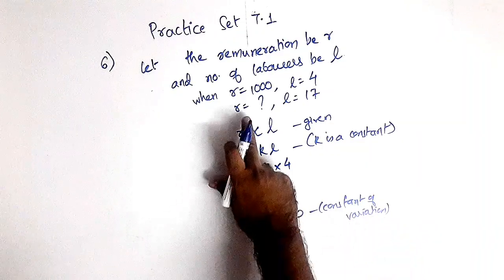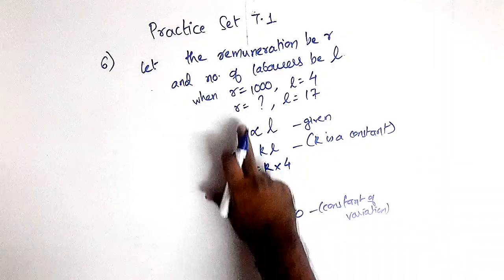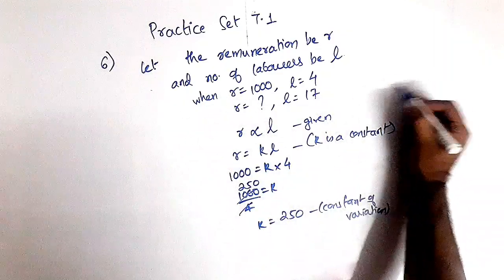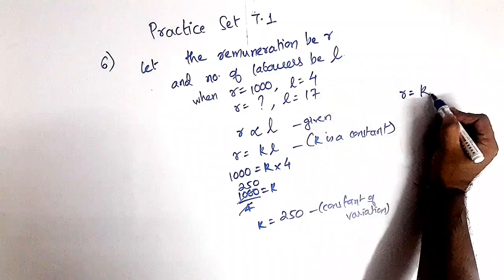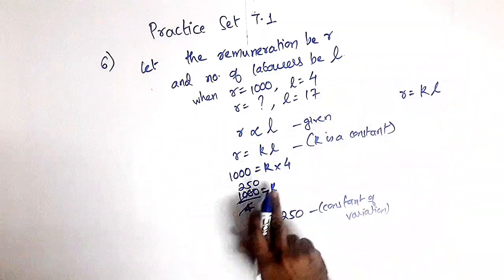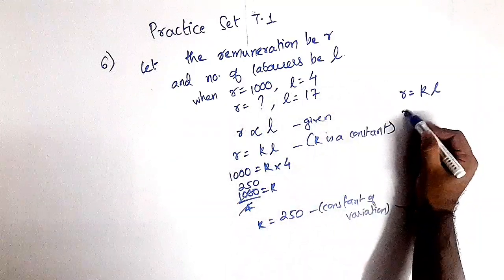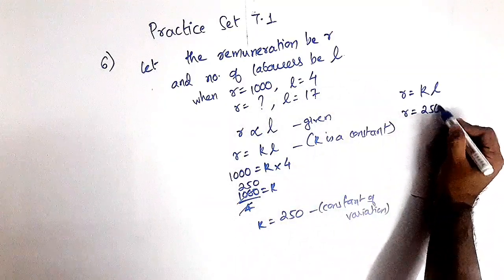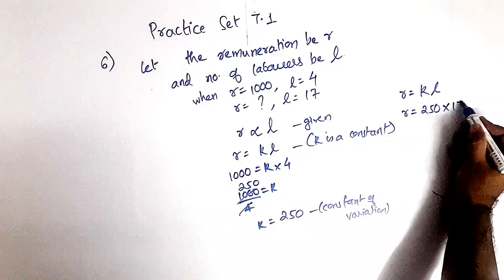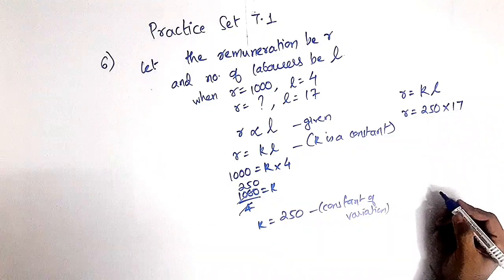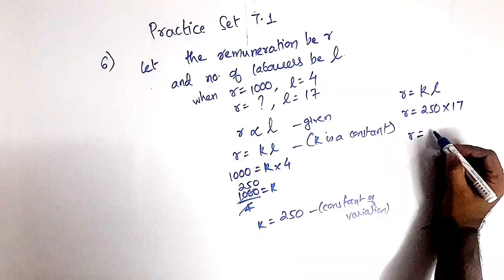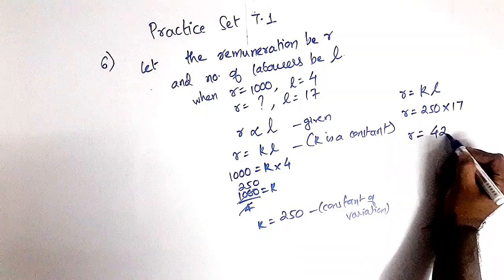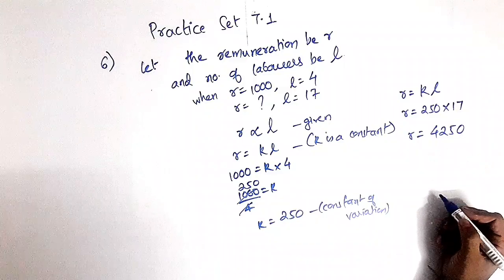Now with the help of K we can find this. When R is equal to question mark, I'll write the equation of variation again. R is equal to question mark, K we got is 250 and L is 17. So what is 250 into 17? You can do it, it is 4250.